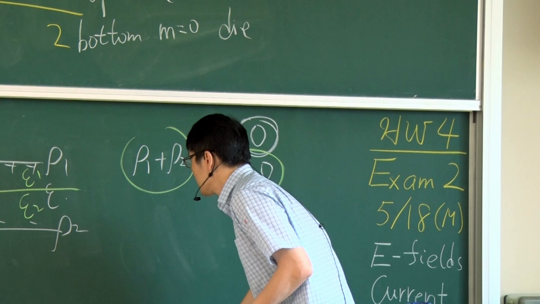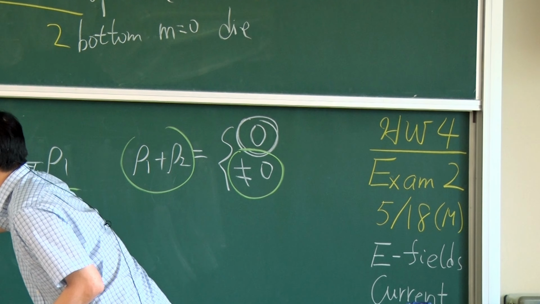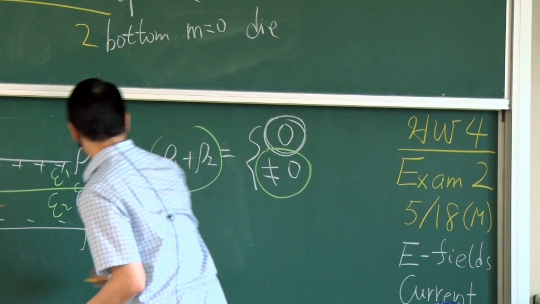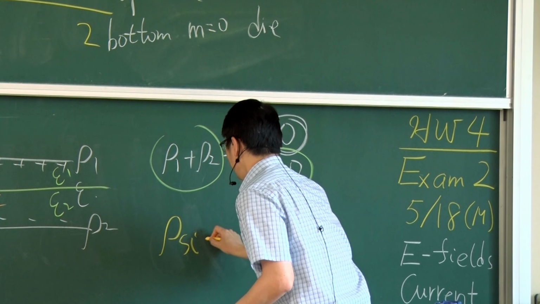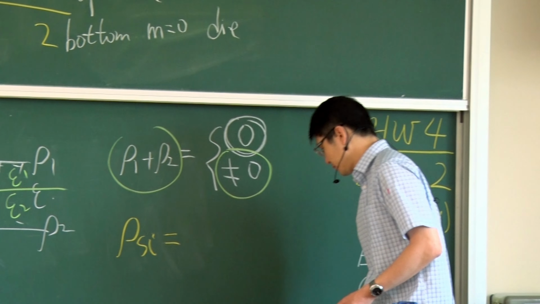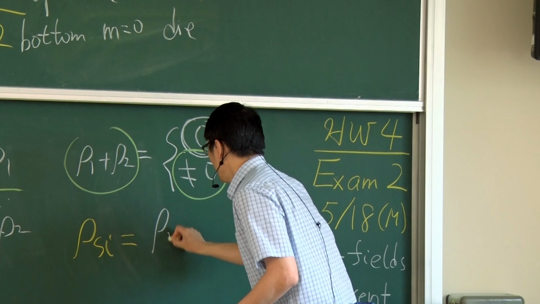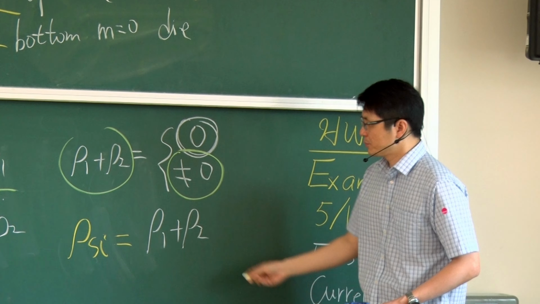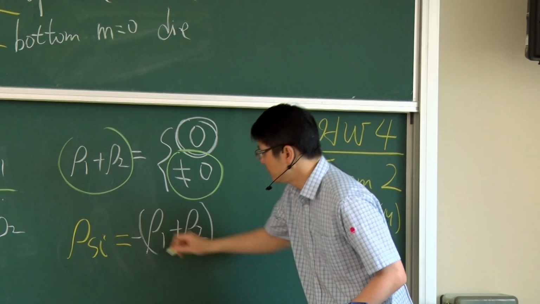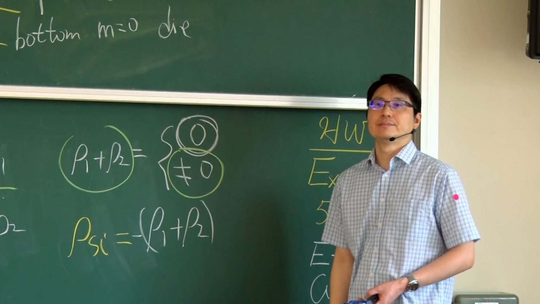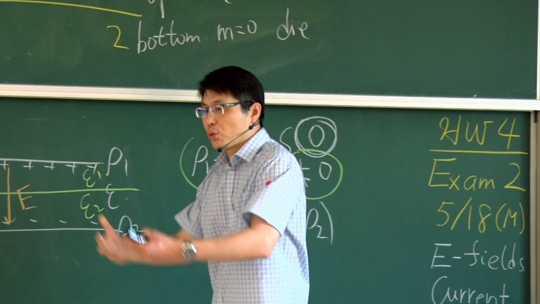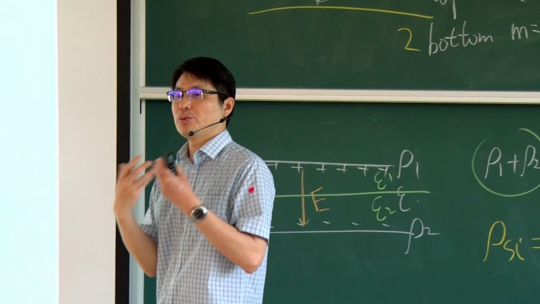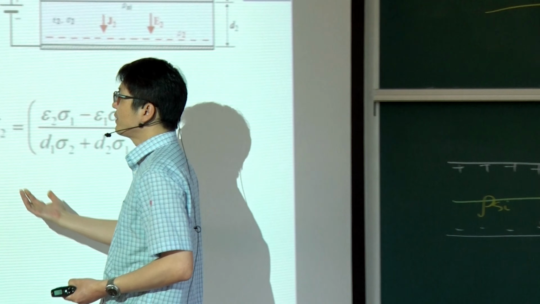So that means you have rho Si, and rho Si is equal to rho 1 plus rho 2, in the negative sense. This is a quick and straightforward way to calculate rho Si.